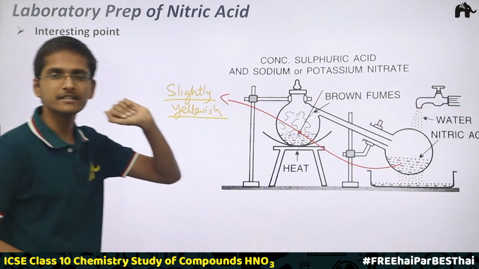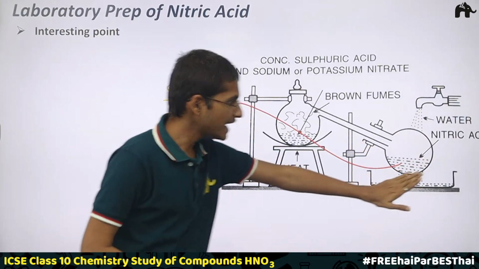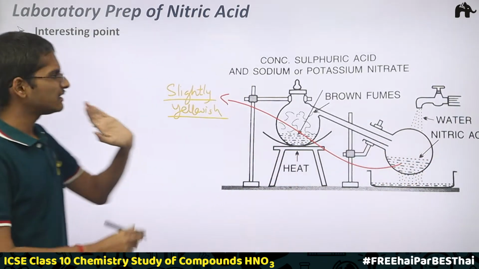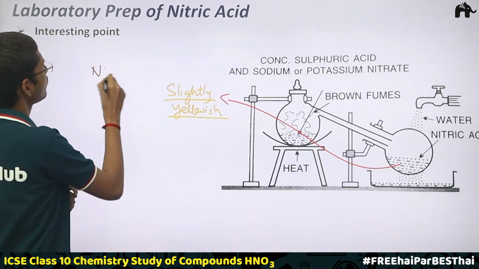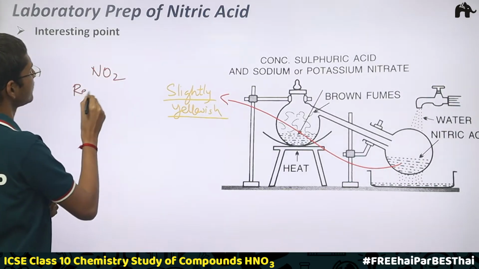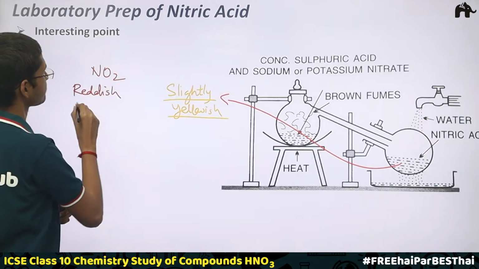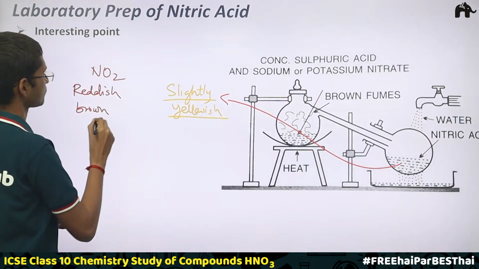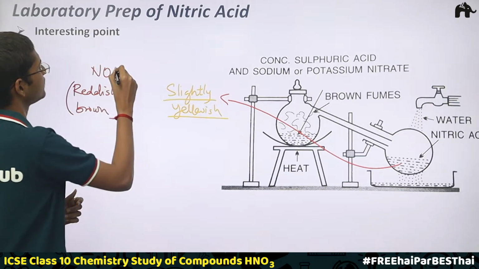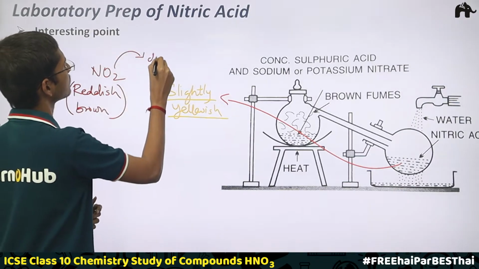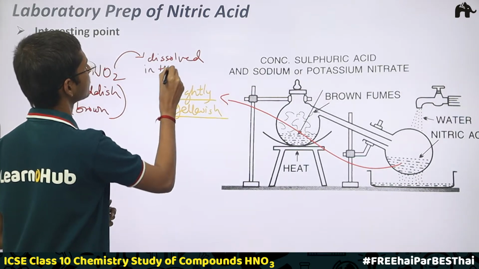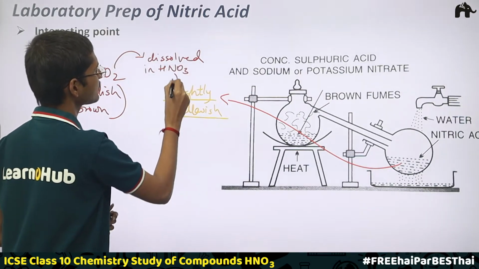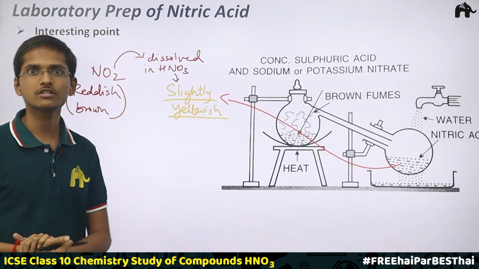The reason behind it is that NO2 gas, which is reddish brown in color, has been dissolved in our nitric acid, and that's why it has turned slightly yellowish.